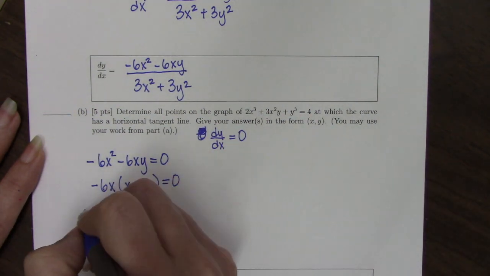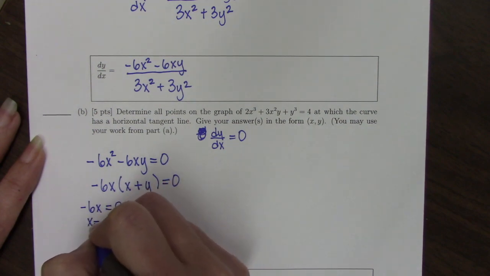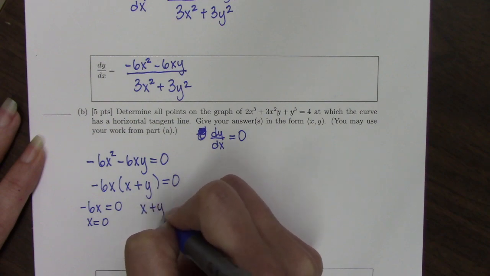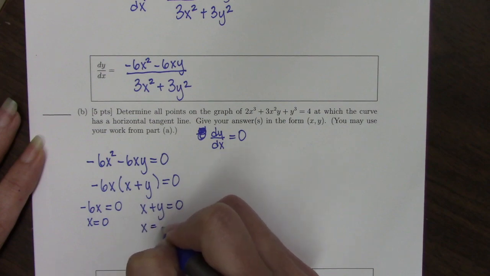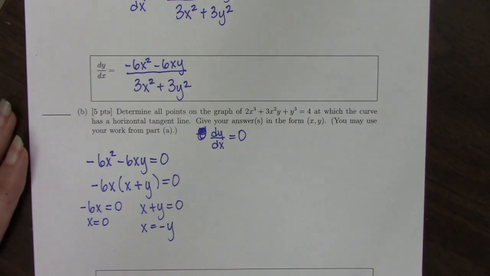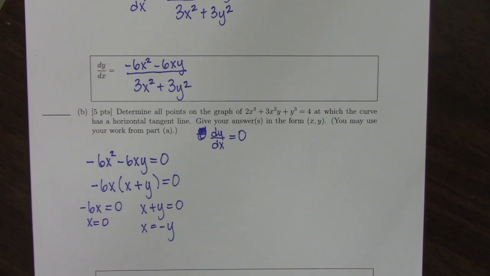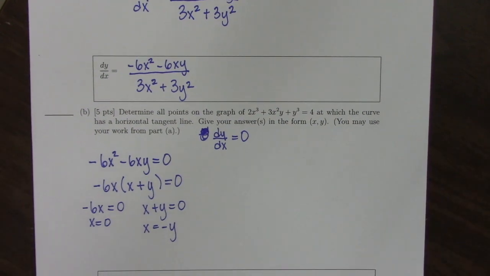So we can see from setting the left piece to 0 that x equals 0, but we can also see by setting this piece equal to 0 that we could also have a horizontal tangent line anywhere x equals negative y. In order to find these points, because we actually need an x and y point, I can use this equation to try to figure out what that second value of x might be.